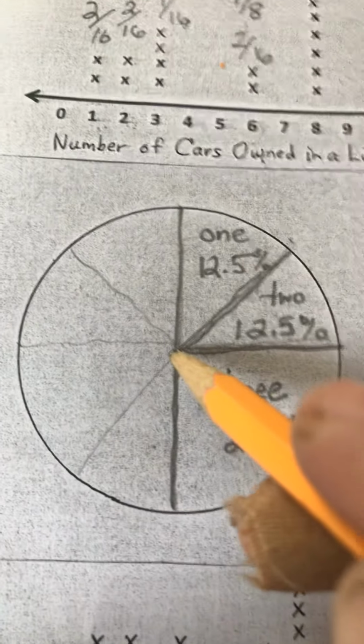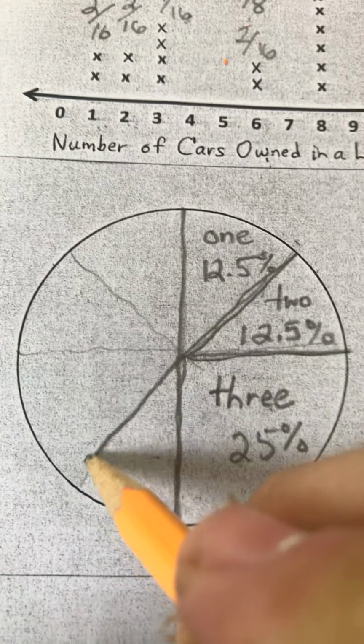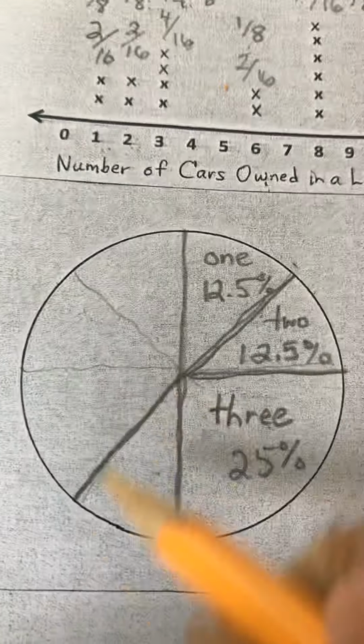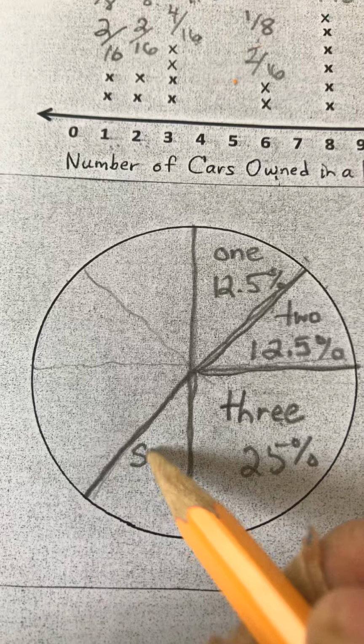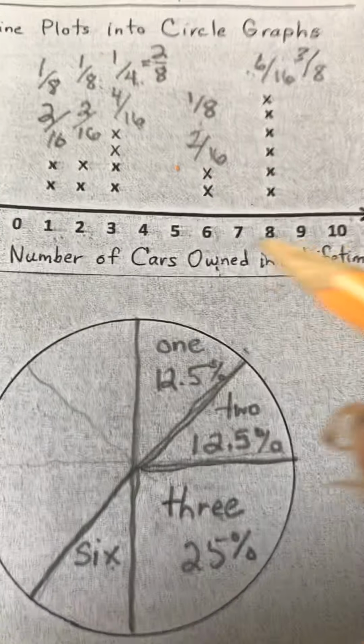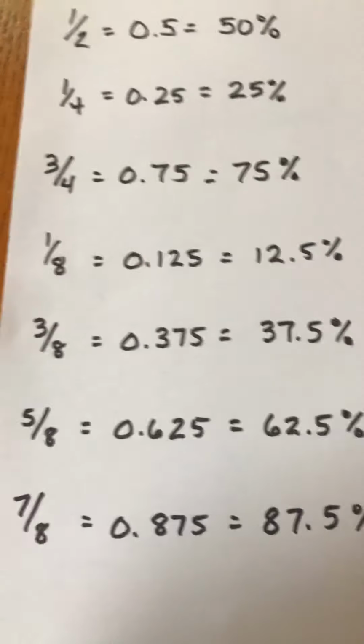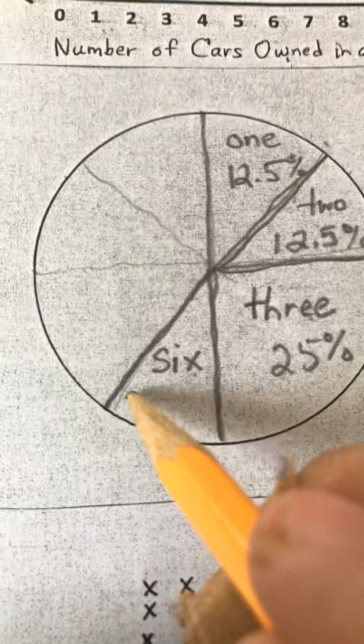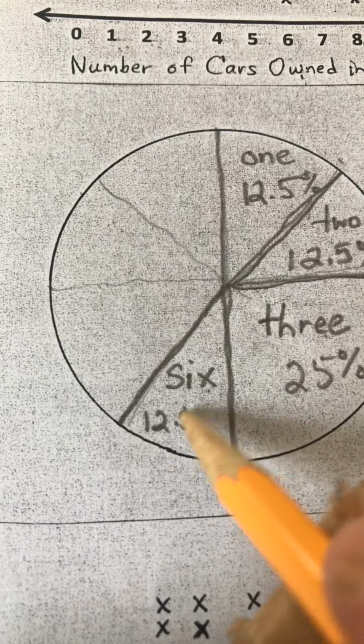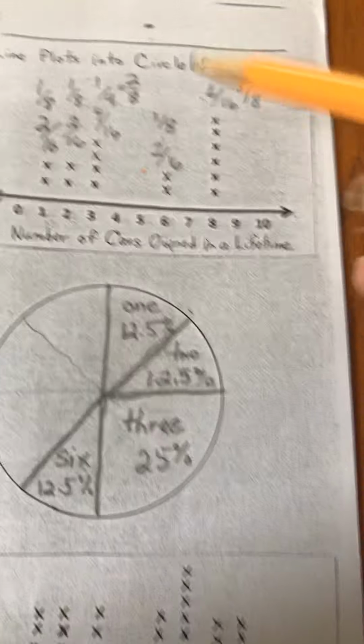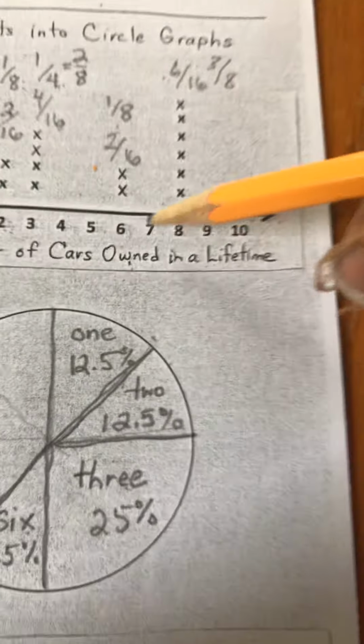So I'm going to take 1 of these from the center point, make this a little darker line, and this is going to represent the people that had 6 cars in a lifetime, and that was 1/8. And again, back to our data, 1/8 was 12.5%. So this is 12.5% of the circle.